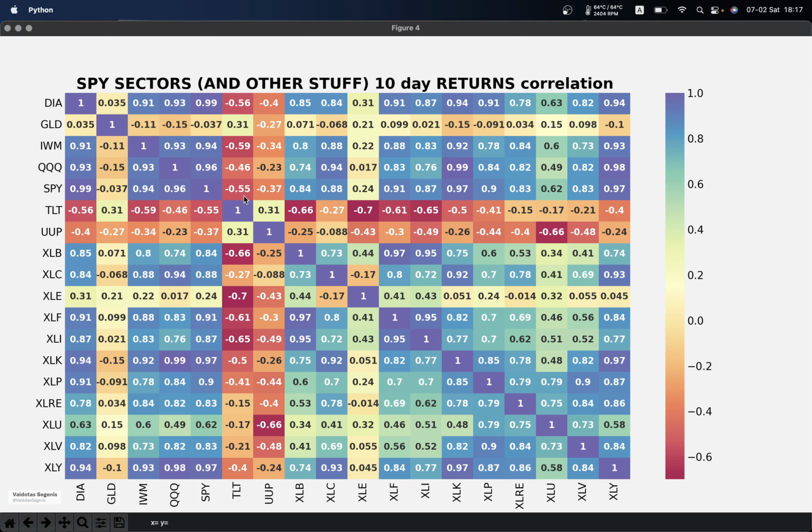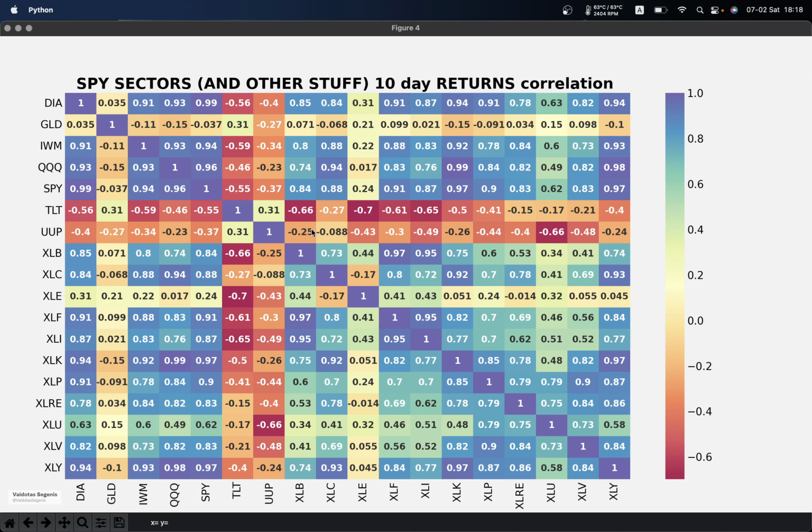Okay, 10 days, and this one is quite interesting, because the first thing we can see is that SPY TLT correlation is deeply negative. We'll still see how it changes on a daily basis, but that's another reason why I don't like being short this market, even though I'm bearish. I expect choppiness or maybe even a bear market rally, and I expect we can see SPY and other things higher than we see now.